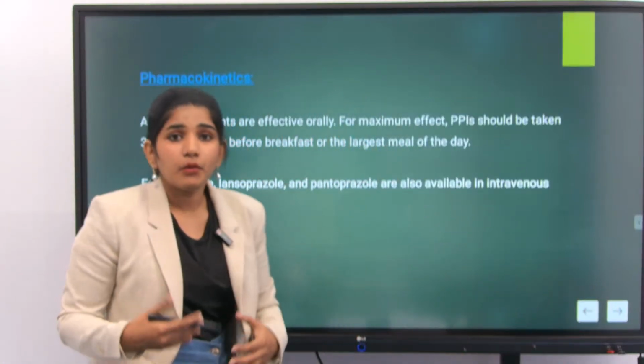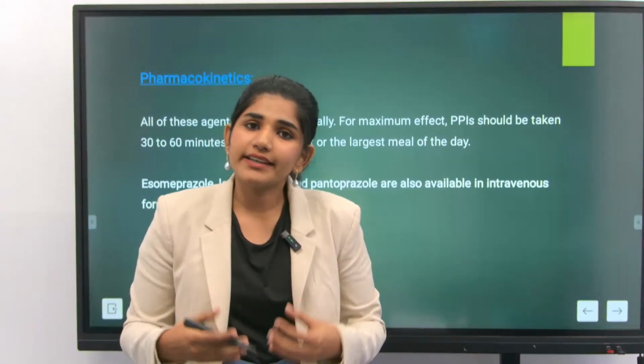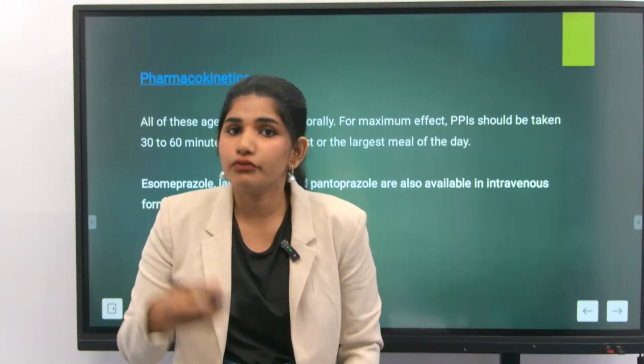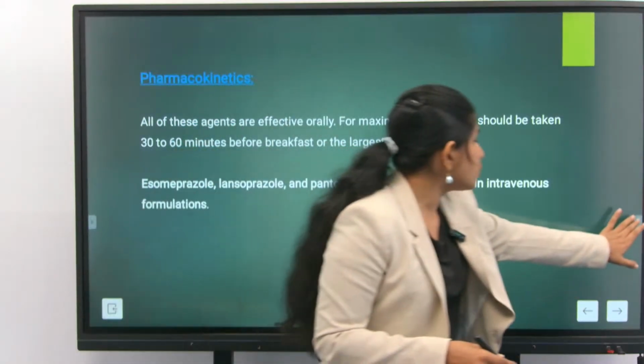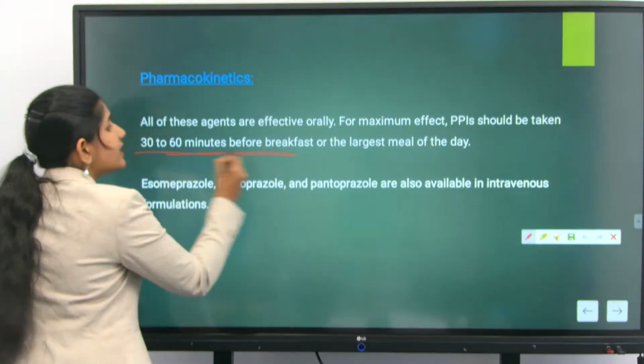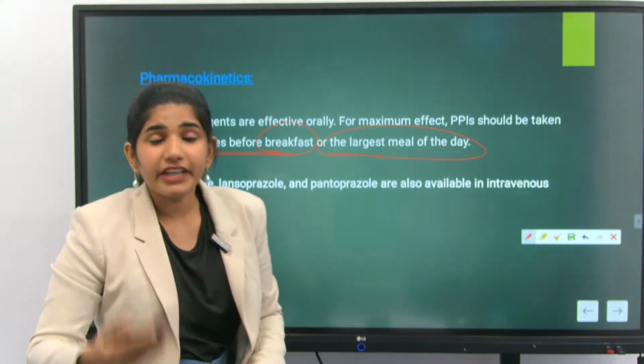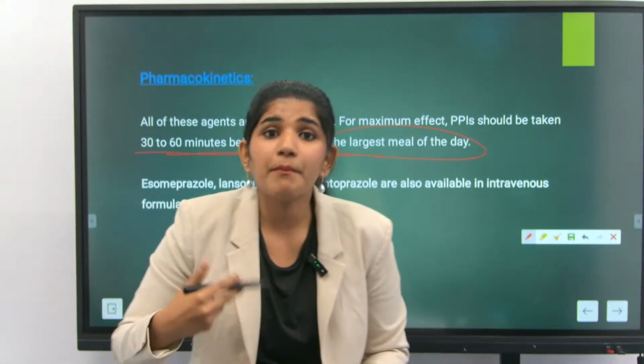Next, the pharmacokinetics. As we know, for acid reflux, we always take these drugs before food, about 30 to 60 minutes before food, that is before breakfast or the largest meal of the day. If we take them likewise, we get the maximum effect.